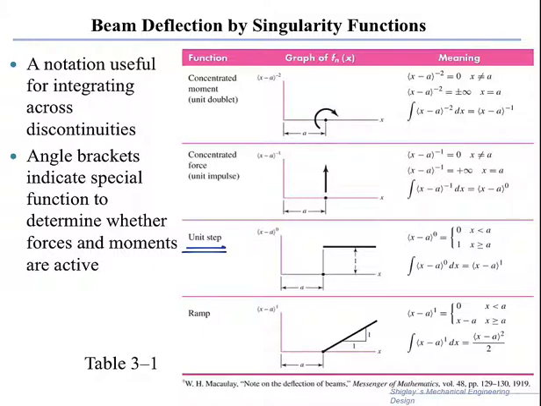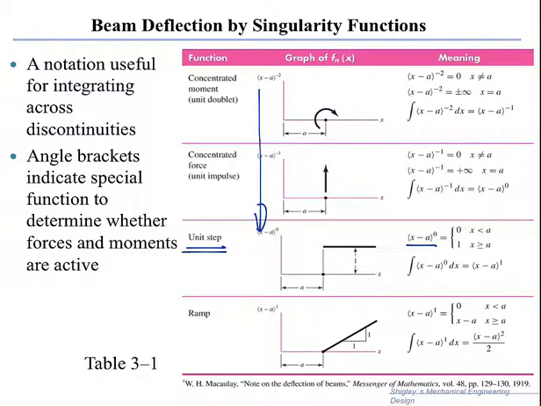So the next one in the integration hierarchy is the unit step. And the unit step function is a switching function. It turns on and off if the value is at A or different from A.